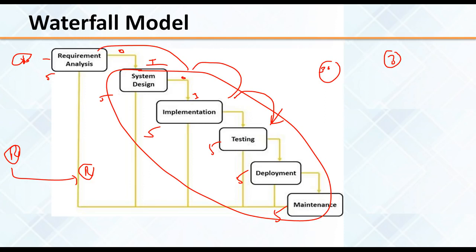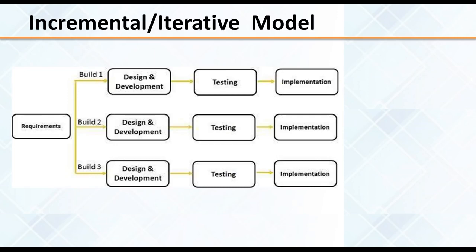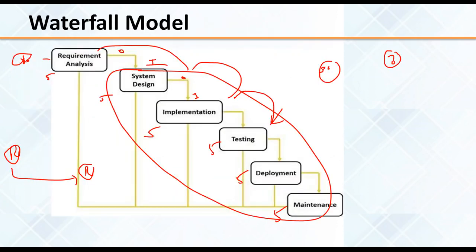And then the incremental model came into the picture. The incremental model somehow overcomes the problems in the waterfall model, but still it has some problems. In the waterfall model, there is one more problem. We have only one phase of testing here, right? What does that mean?